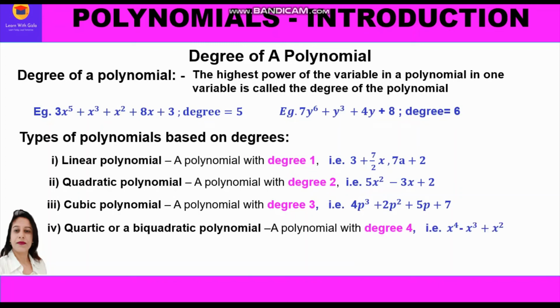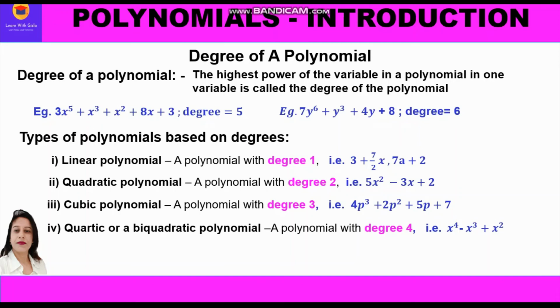That means a polynomial with degree 4 is known as a quartic or biquadratic polynomial. For example, x raised to power 4 minus x cube plus x square. Over here the powers of x are 4, 3, 2. Out of that, the highest power is 4. So the degree of this polynomial is 4, and when the degree is 4, we can call it a quartic or biquadratic polynomial.